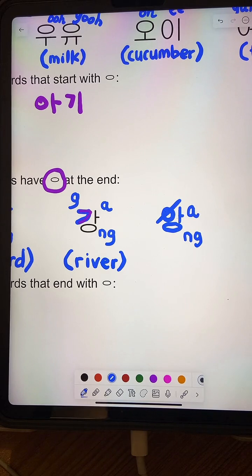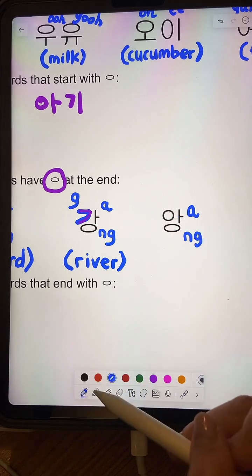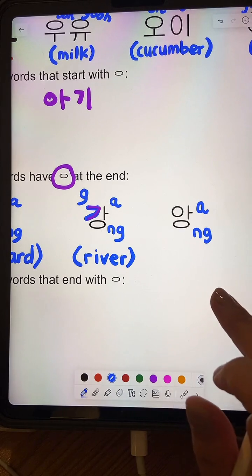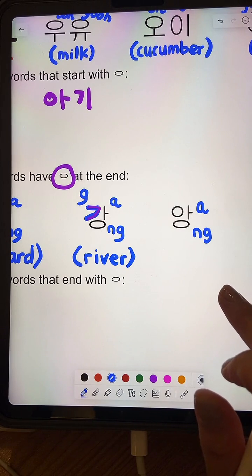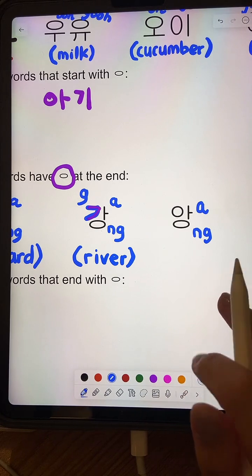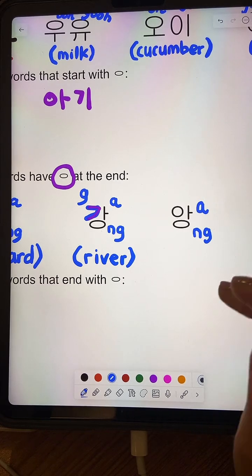So it's ang. It's like ang. Great job. Ang doesn't mean anything, but it kind of sounds like when someone bites on something, like ang, like bite it, kind of like in a cute way. Maybe if there's an anime or manga, it might say ang when someone's biting down or something.